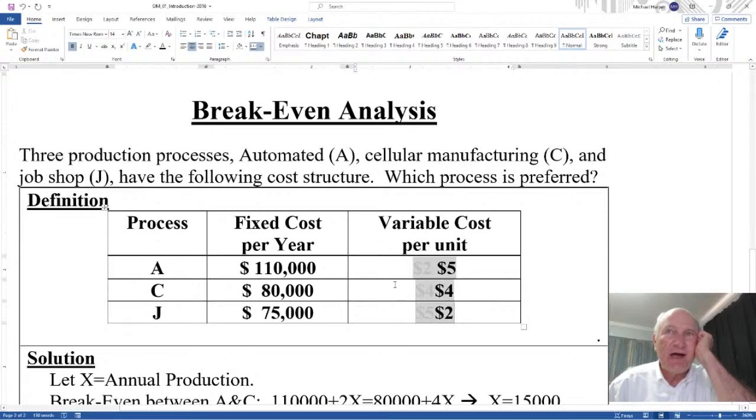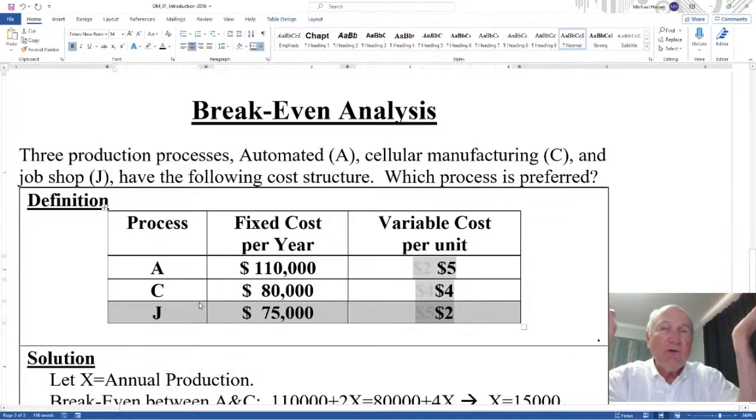I'm making this 5 up here and the 2 down here. So now, when you look at this, which one has the lowest cost? Well, the lowest cost on fixed cost is J. The lowest one on variable cost is J. So which one is the lowest cost? J. Does it matter what you produce? No, it doesn't matter. J will always be lower. So there is no break-even.